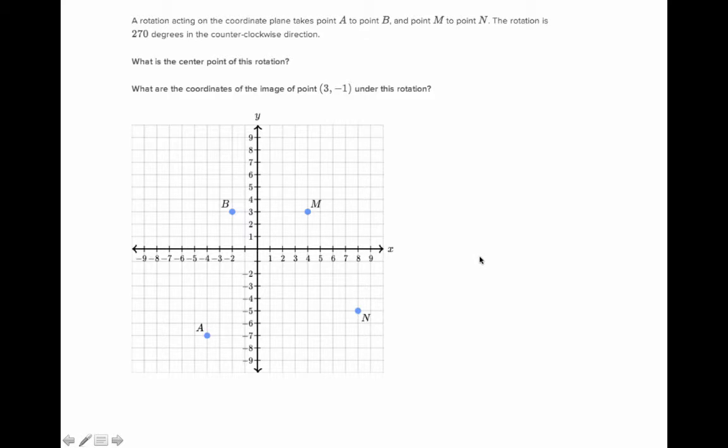Okay, so we found the first one, and the first one was y equals 1/2 x minus 4.